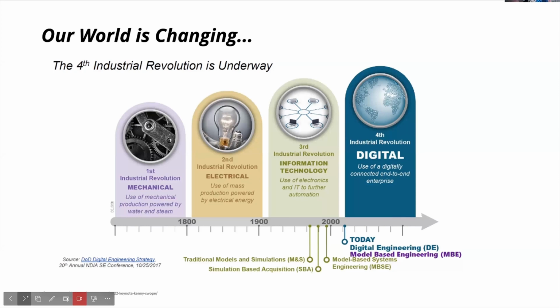And as part of his presentation, he said, the world is changing and the fourth industrial revolution is underway. So if we think about the first industrial revolution, which was mechanical, the second, which was electrical, the third, where we started using electronics and IT to further automate.